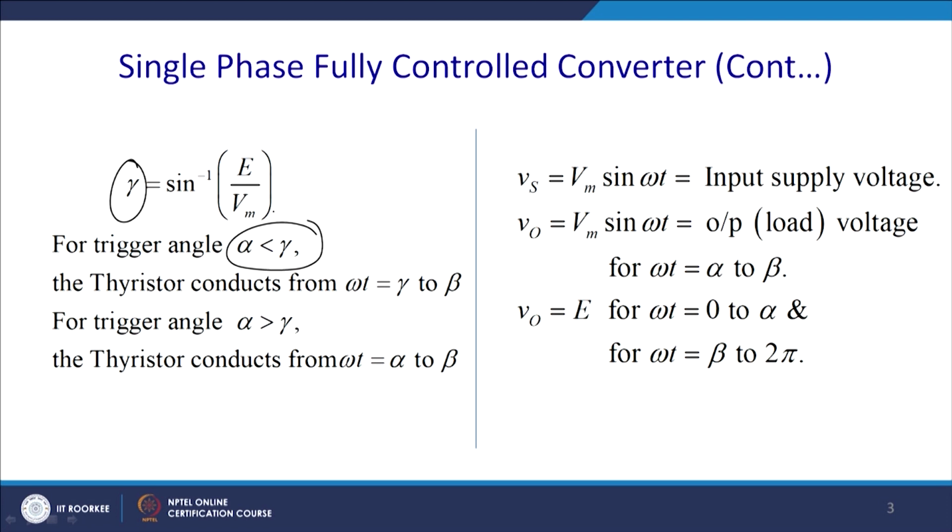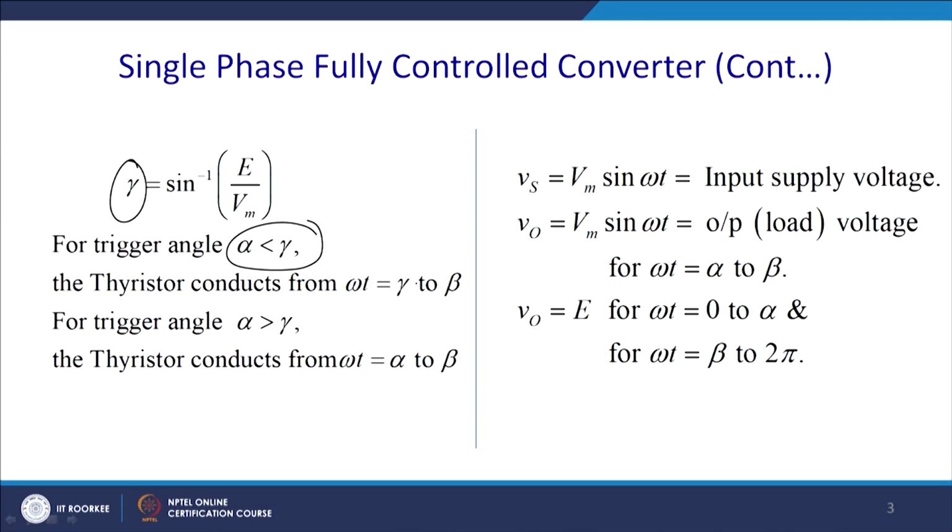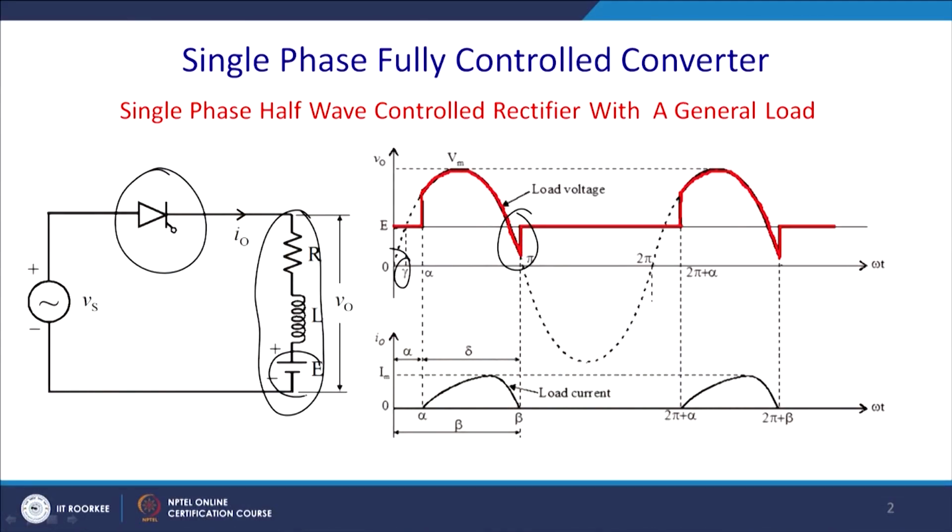When the triggering angle is less than lambda, then the thyristor conducts from lambda to beta, that is the conduction angle. If alpha is more than that, then till the supply voltage is more than the back EMF, the thyristor is not forward biased.